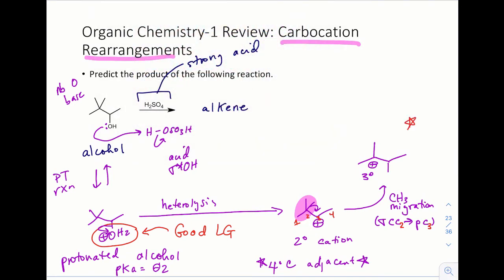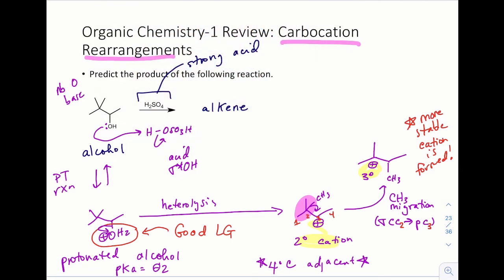So typically when we observe carbocation rearrangements, it's because a more stable species is formed. So tertiary cations are more stable than secondary. Again, one of these methyl groups, I'll go ahead and just write CH3, has moved over, and it's now bonding to carbon 3.